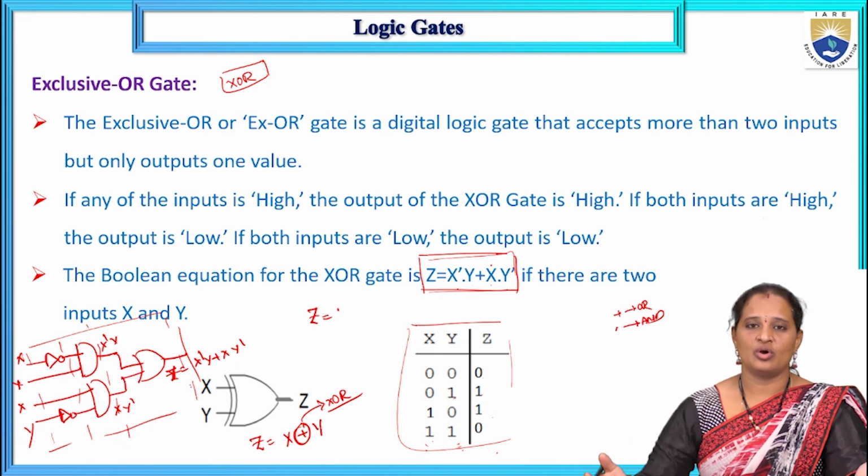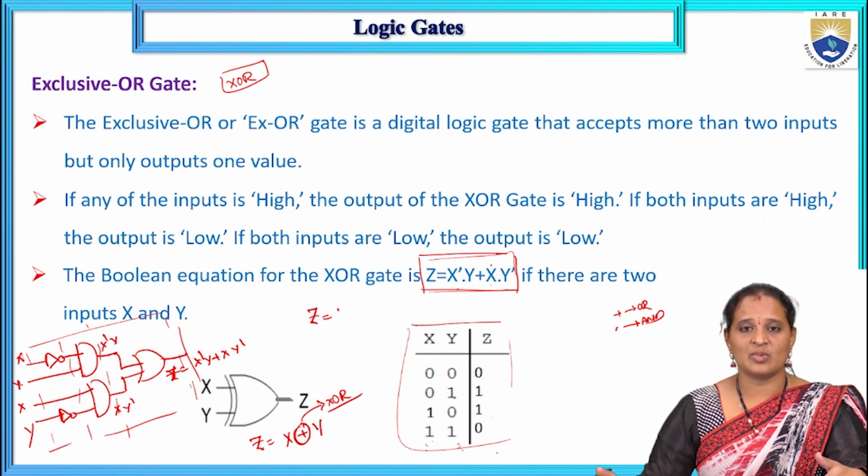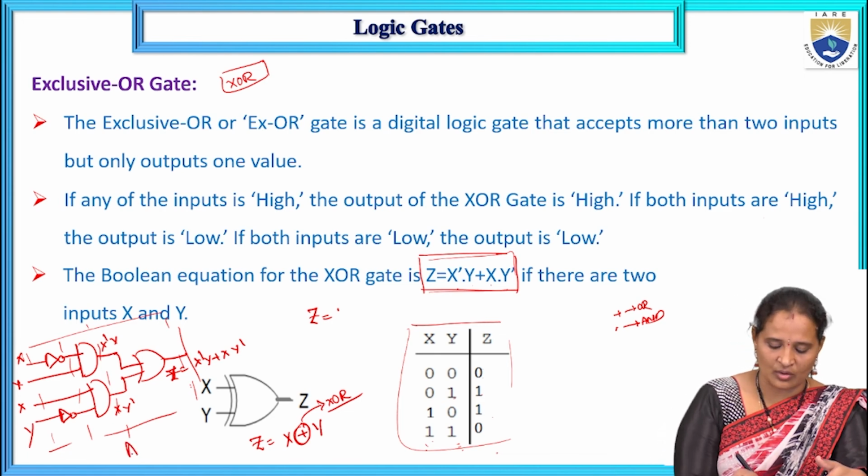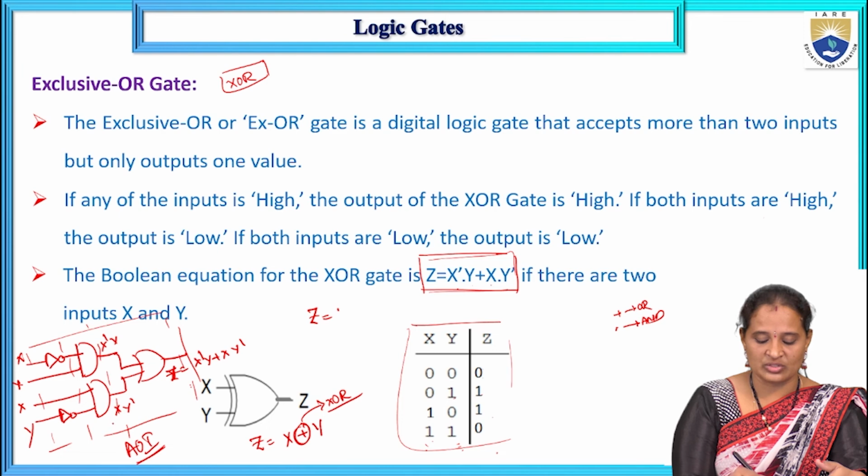So that is why it is called multi-level. We need to go through some procedural steps in order to realize this multi-level AOI logic. What is this AOI logic? AND or invert logic, so I am using AND or NOT gates.